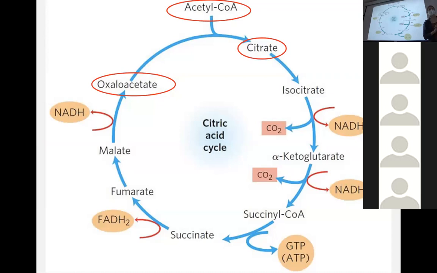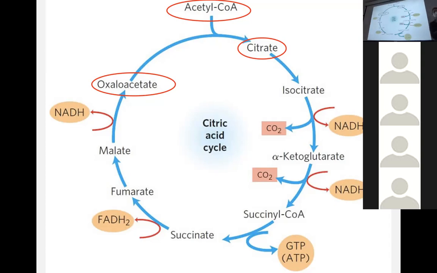Where does it start? Up here, we're going to start with acetyl-CoA. So acetyl-CoA from the previous step, pyruvate oxidation, that's that 2 carbon molecule. It's coming into the Krebs cycle. And it is a cycle, so it just keeps going around. We're going to look at how the carbons change on the next slide. You want to know that acetyl-CoA is the very first part of the Krebs cycle.